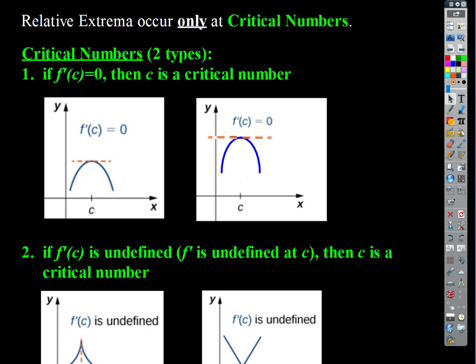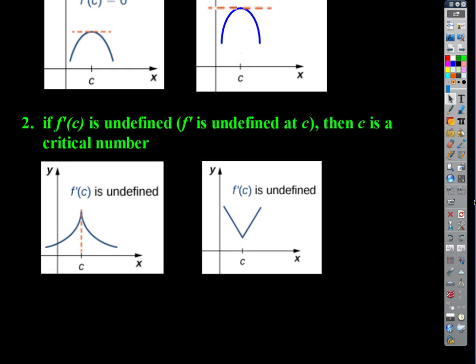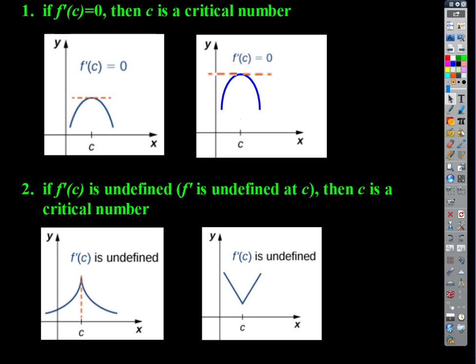At places where the derivative is equal to 0, those are places where we could have smooth peaks or valleys, right? So one species of critical number are all the places on an interval where the derivative is equal to 0. All the values of x where the derivative equals 0, okay? The other species of critical number that we'll look for would be all the values on an interval where the derivative is undefined, okay?